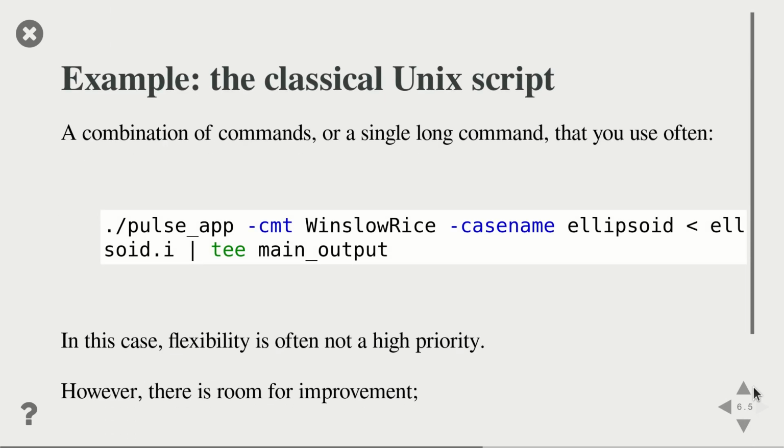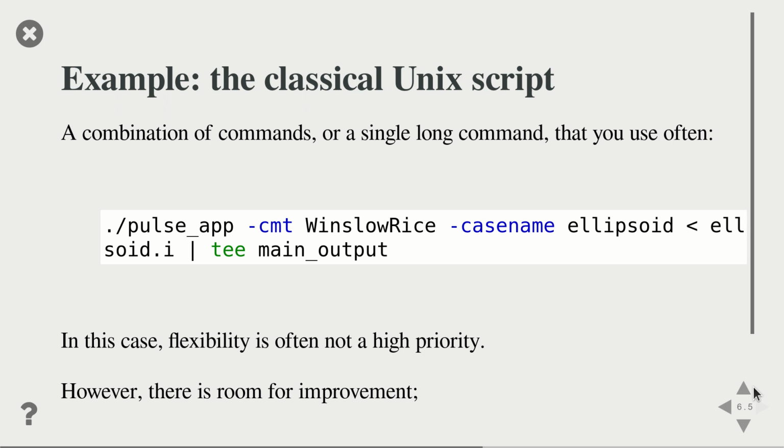So now I want to show you a kind of a case study where we actually use these concepts. This is a real case problem that I faced one day, and I'll guide you through how I solved it. The problem that I was facing is I had written this Pulse application.